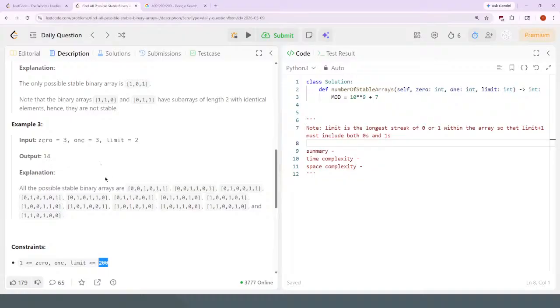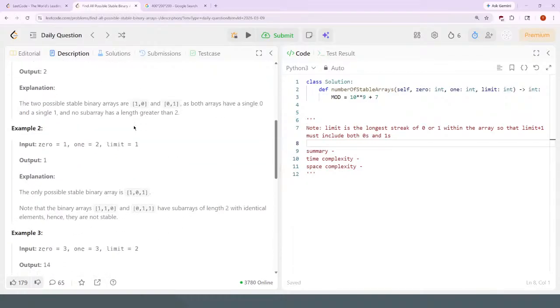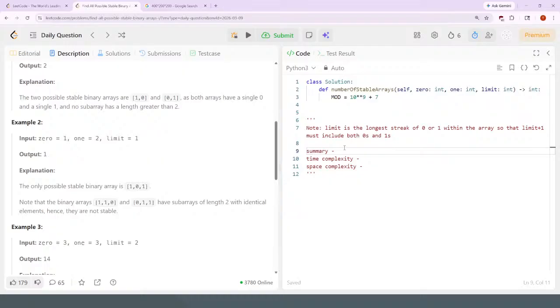3 zeros. Okay, so let's go ahead and just do the second example. So there's one 0 and 2 ones.